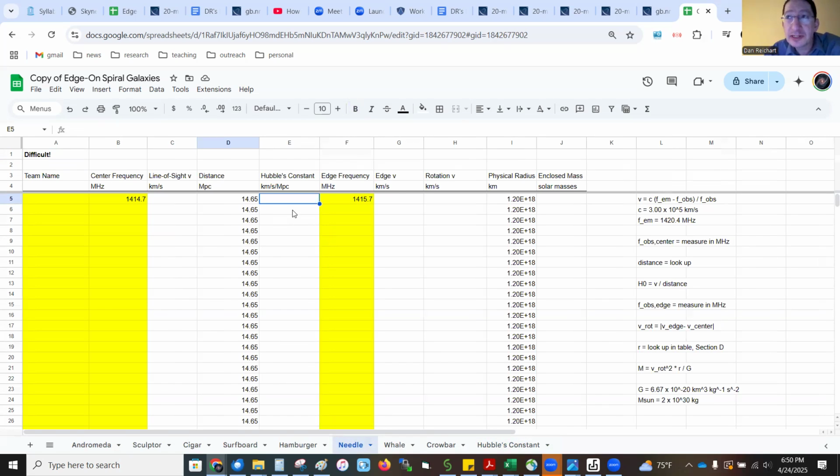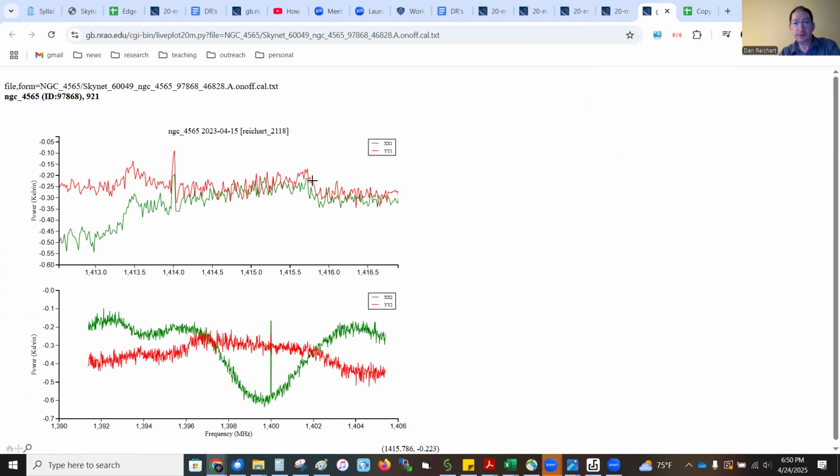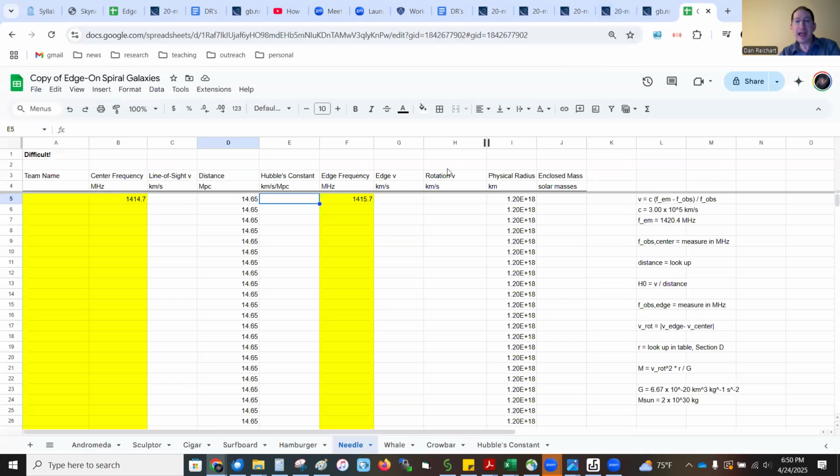The second part is the same as we did for Andromeda. Now, for the most part, we're going to weigh the galaxy. So from the edge frequency that you got from the spectrum, either this edge or this edge, you again calculate a Doppler velocity.